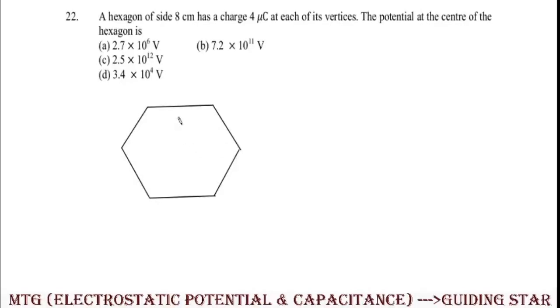Okay, assume that this is a regular hexagon. Clear? That means all sides are equal, and it is asking to find out the potential at the center. तो center पर यहाँ पे potential हमें निकालना है.